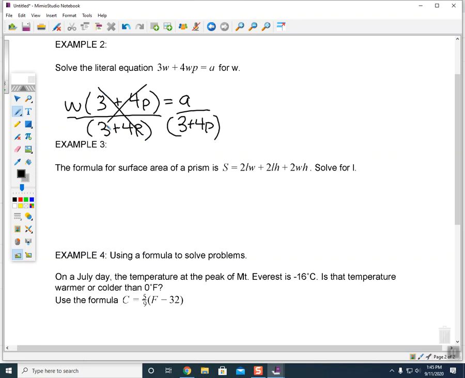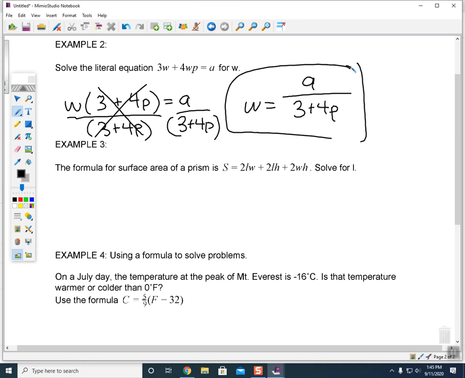These cancel out. I'm left with w equals a divided by 3 plus 4p. I'm done. I can't simplify it anymore.